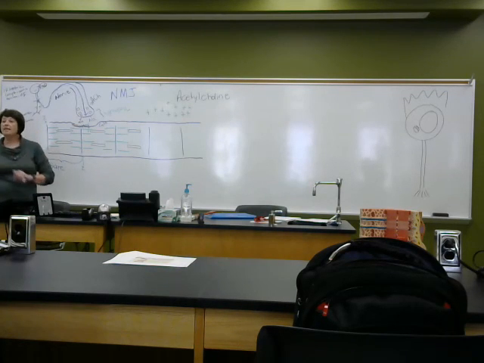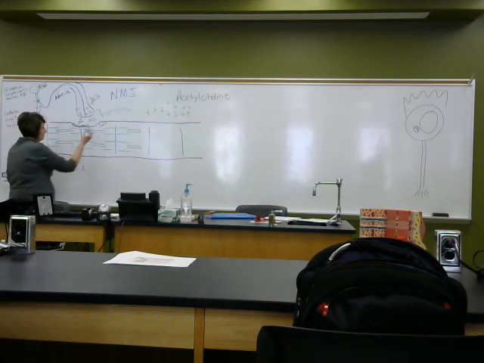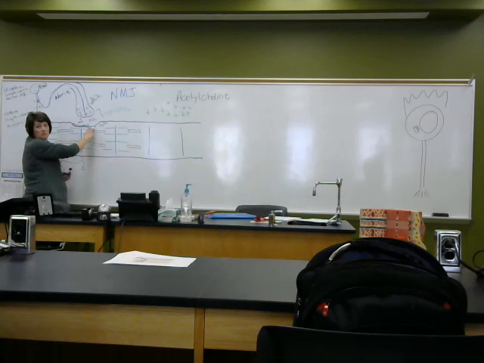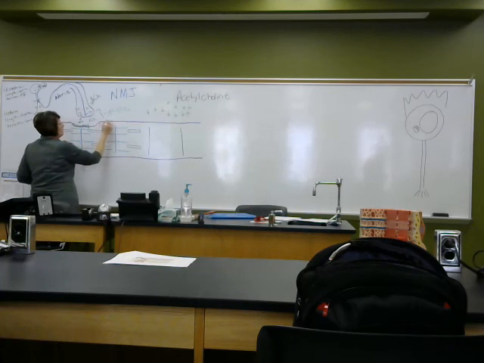Well, I've got non-gated that are going to be present. So which kind? My voltage gated. All right. So I've got some of my voltage gated that are, note, not in the area of the synapse.